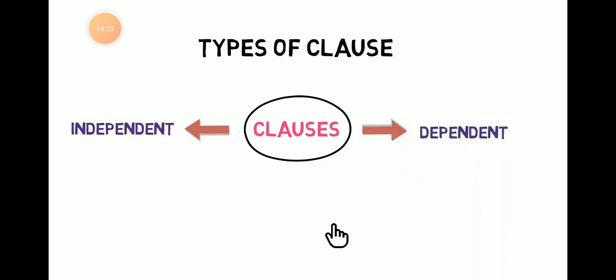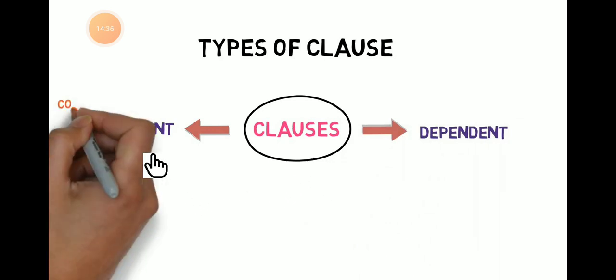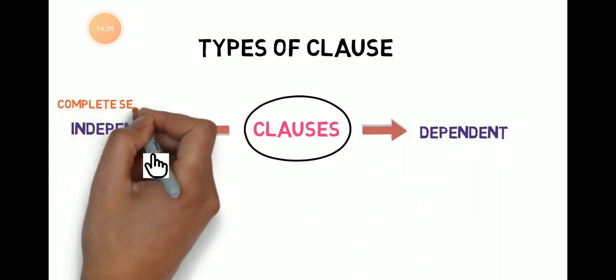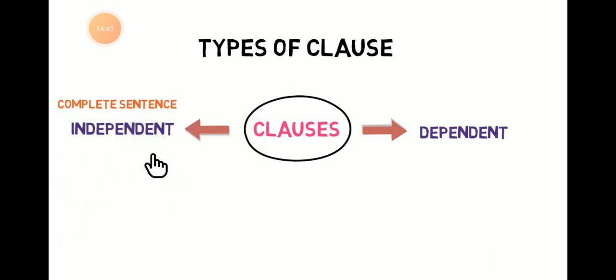So here we are learning the types of clause. A clause is divided into two types: independent clause and dependent clause. Students, what are you getting from these two words? Independent means a thing which is not depending on others, that's why it is called an independent clause.